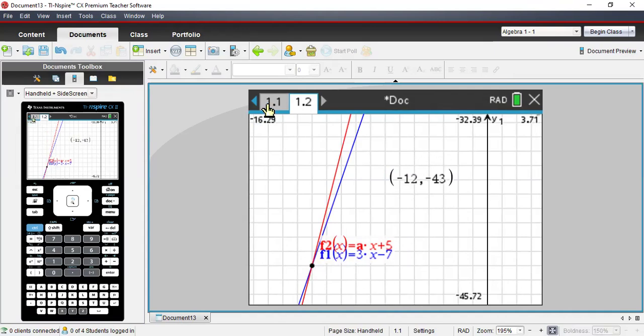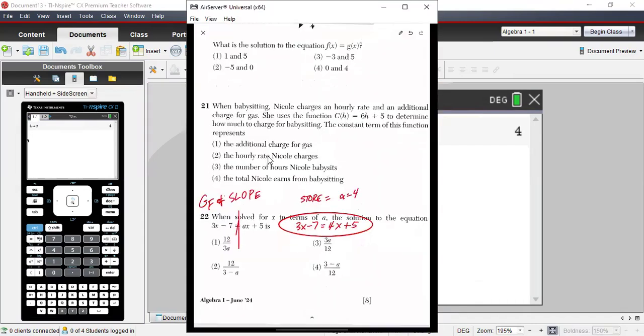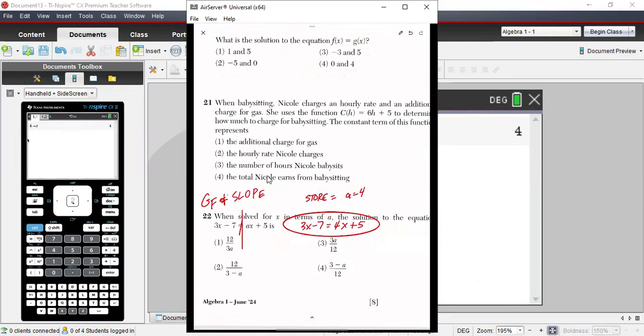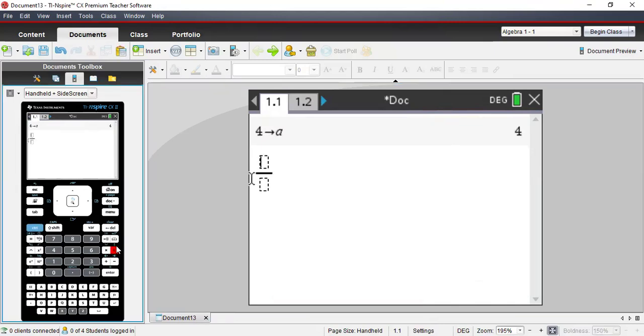Now, when I go back and I start keying in all of these answer choices, I'm looking for the one that gives me a negative 12. That's going to be my answer. So the first one is control divide. It's going to be 12 divided by 3A. So I do 12 over 3 A and I press enter and I get 1. So that's not it. So I'm going to go to the next one.